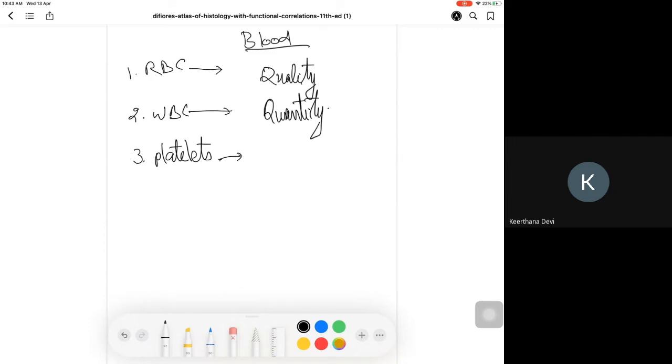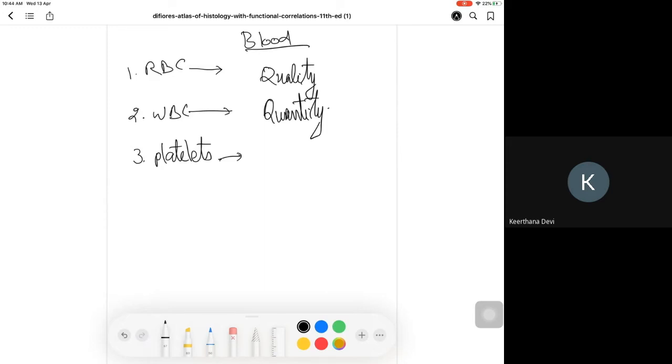Quality is how they are functioning. All platelet disorders, von Willebrand's disease and all, that is more about quality. The hematological disorders are very easy. Either they are RBC diseases, WBC diseases, or platelet diseases, and each one of them will be qualitative diseases or quantitative diseases. Life is very, very simple.